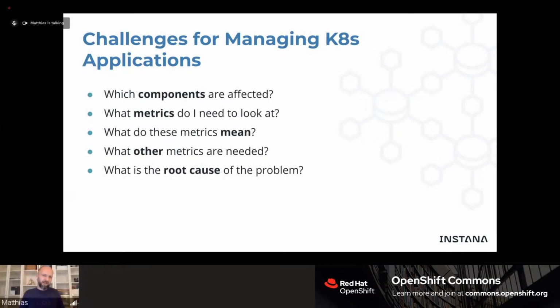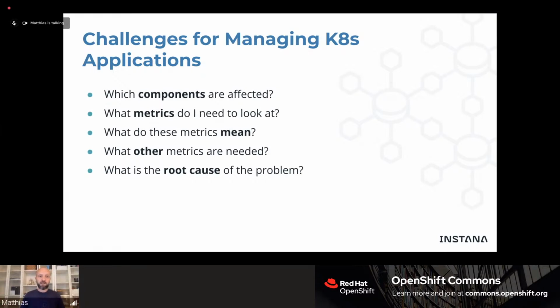So when you look at what that means, what are the challenges that you face? These are some of the ones that I hear most. If they are using Instana or any other tool to look at what the Kubernetes applications are doing, it's like, okay, first of all, what is actually affected? I'm building my application, it has a problem, what is actually affected?